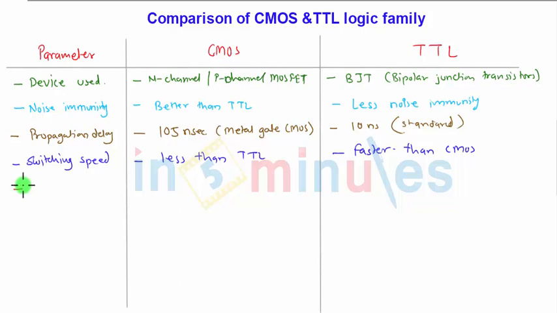Moving on to the next point, which is the power dissipation per gate, which is very important. Now we must identify how much power is dissipated for a CMOS gate or a TTL gate.